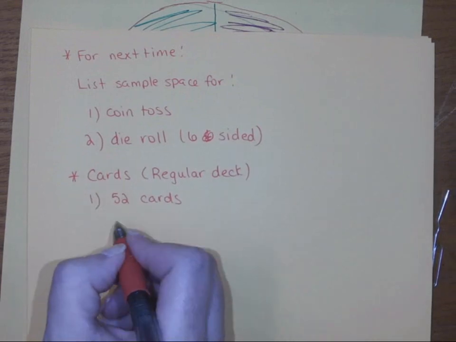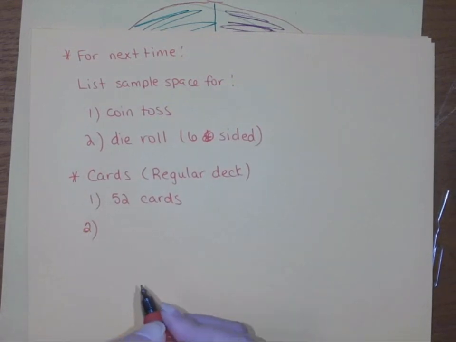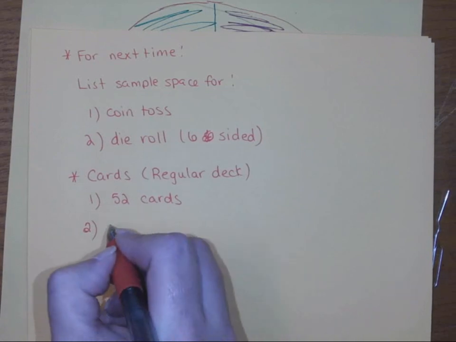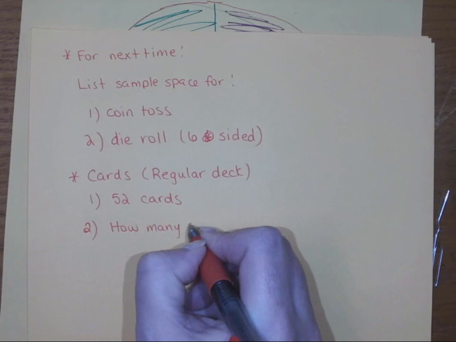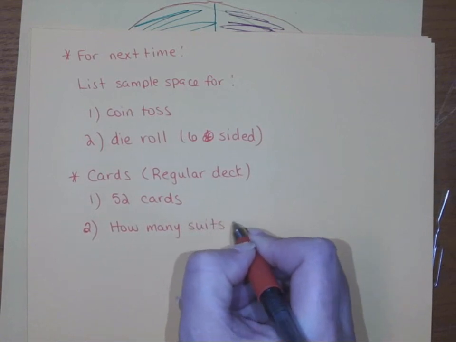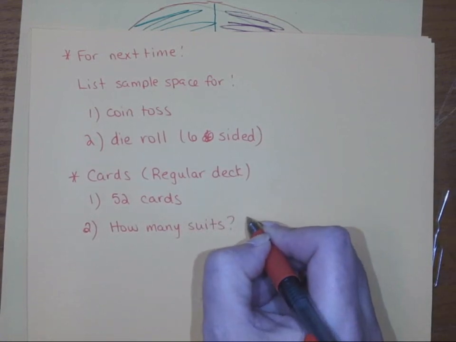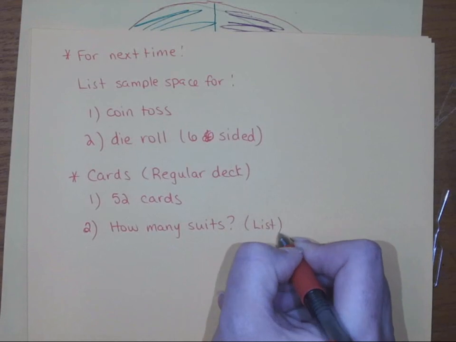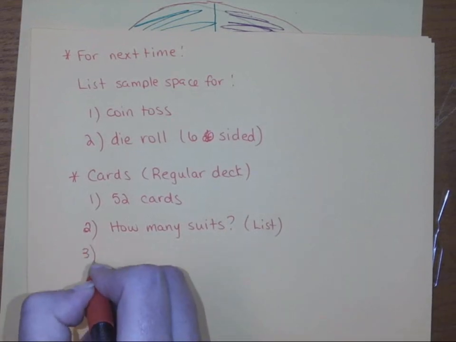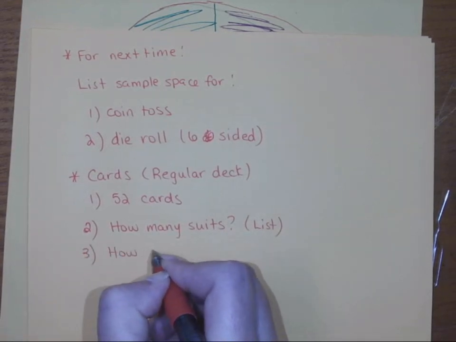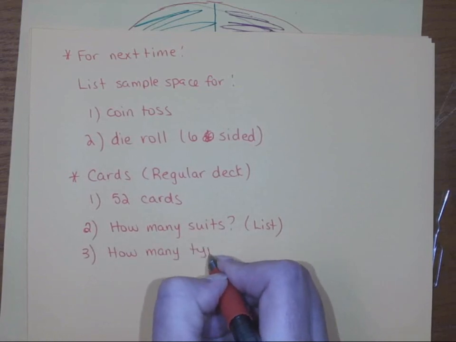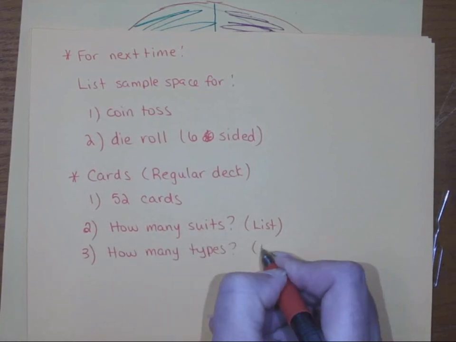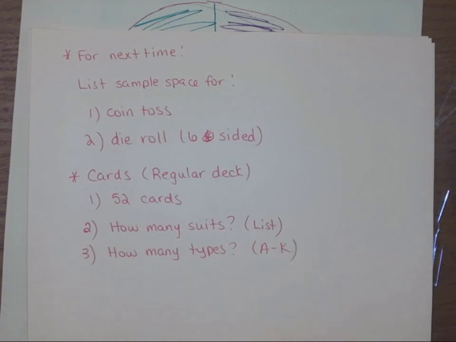So I want you to tell me how many cards there are, which I just kind of told you. I want you to tell me how many suits. Suits represent like the shapes that are on them, okay? And I want you to list them. I want you to tell me how many types, and by that I mean A through K, right?